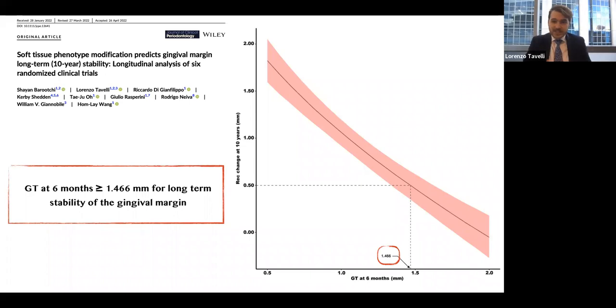Because if you achieve this dimension of gingival thickness, we calculated from the statistical model that it is the thickness associated with the stability of the soft tissue margin over time.